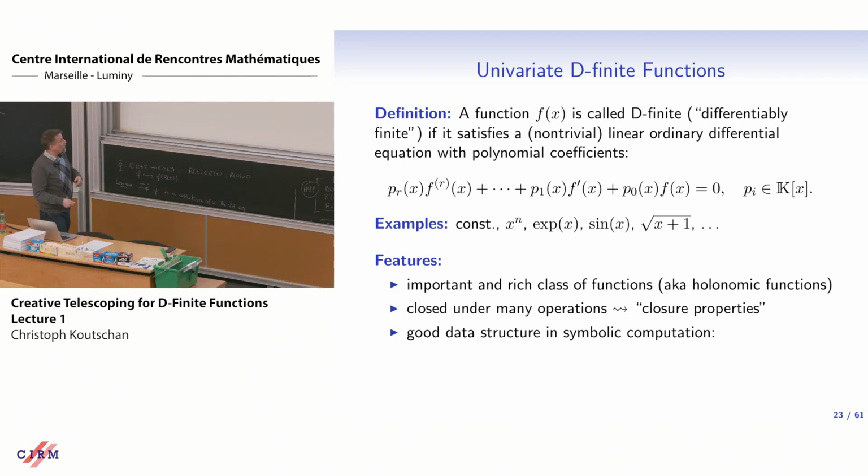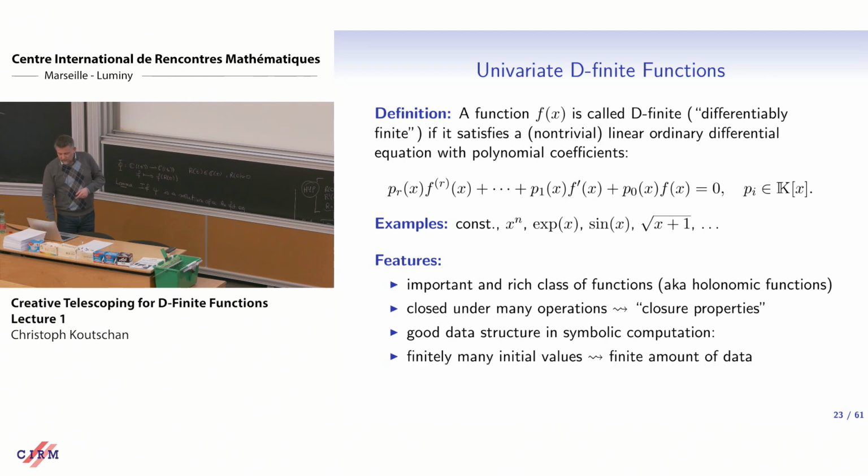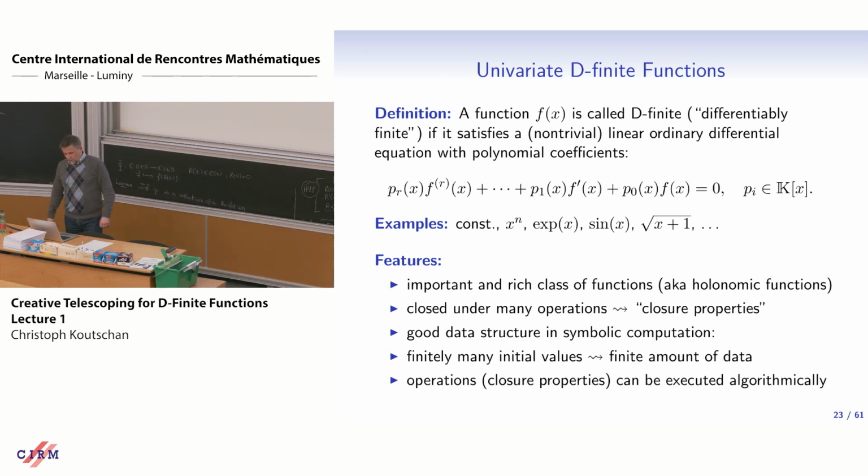You have to store these polynomials in the differential equation, and you have to store finitely many initial values, because this is an order r differential equation, so you need r initial values, and this completely specifies your function with a finite amount of data. And together with these closure properties that we can do algorithmically, we can really compute with these functions in a very nice way.